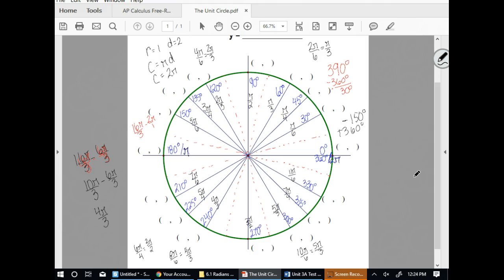If you add 360 to it, then you're going to get 210 degrees, and there's one that's actually on the unit circle. So if you get an angle that you don't know where it's at, add 360 or subtract 360 until you get something that is there. And if it's radians, you can add 2 pi or subtract 2 pi until you get something that is on the unit circle.